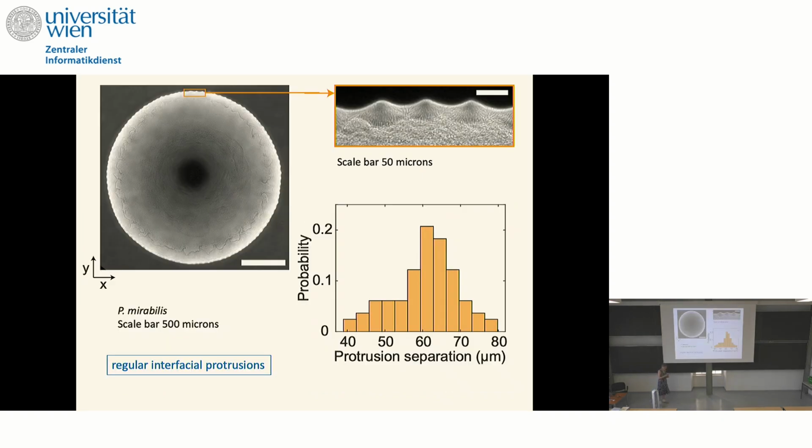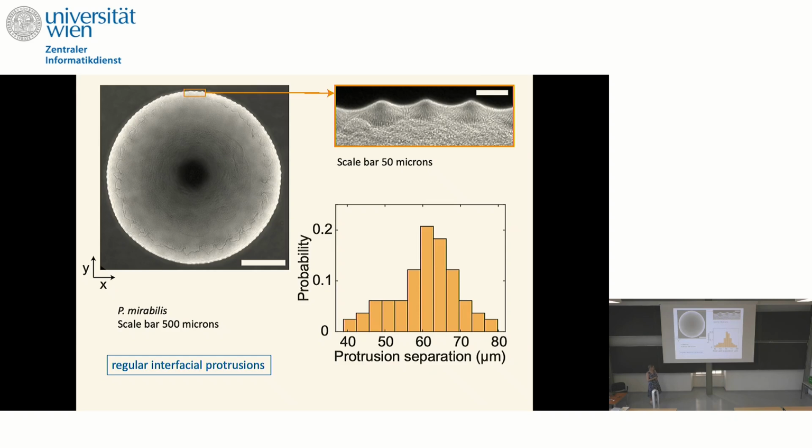So if you measure the protrusions at the edge of the drop, and if you measure the spacing of these protrusions, it's definitely peaked around a certain value. This is a real experiment, so peaks have width to them, but you tend to get this sort of spacing between the protrusions. They're regularly spaced.